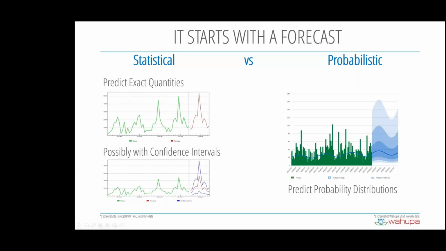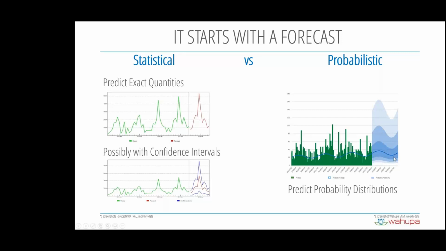If you look on the right here, we see a weekly historical demand pattern in the green bars, but now there's a representation of the uncertainty around that forecast. And you still have your line. So if you really want one number, you can still get it. But what you're much more interested in terms of resiliency is these distributions on the right, and you can tell that every month has different levels of uncertainty indicated by these shades.